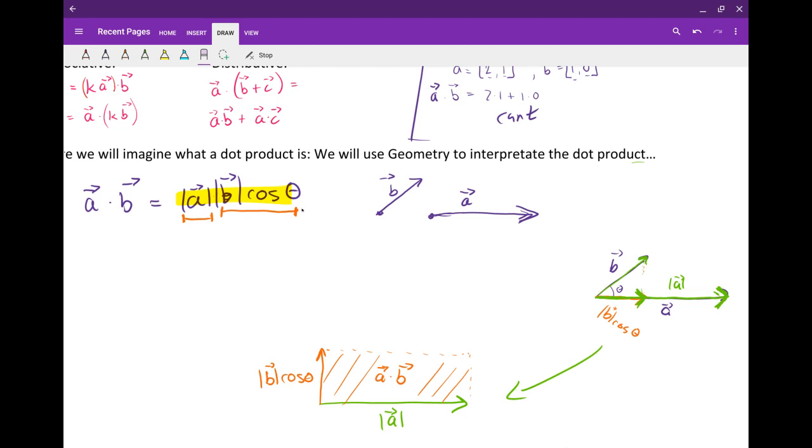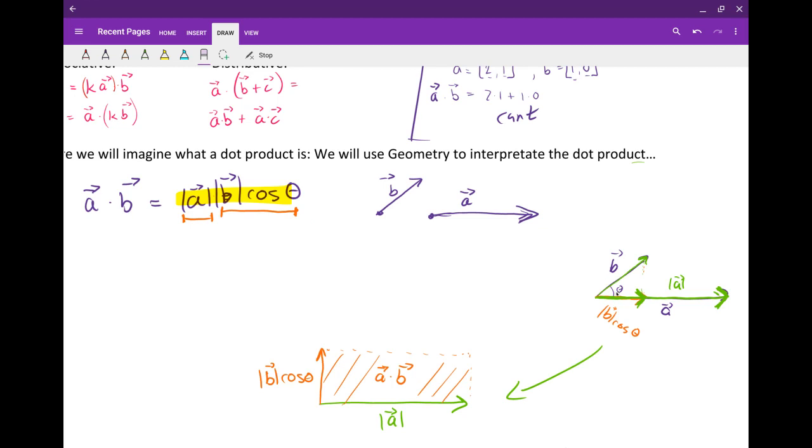So if I take this B and this A, and I want to imagine what A dot B would look like geometrically, I would first imagine B and A in this format. Now I would take B cosine theta, theta being the angle between A and B. B cosine theta is the adjacent side to that angle.